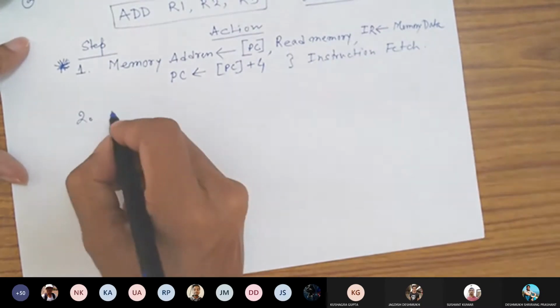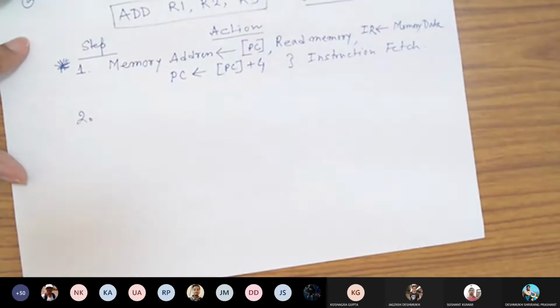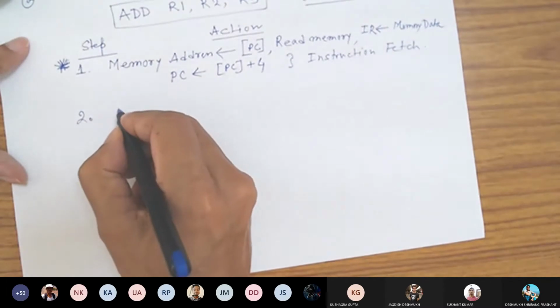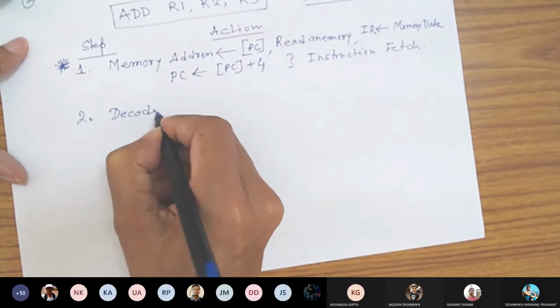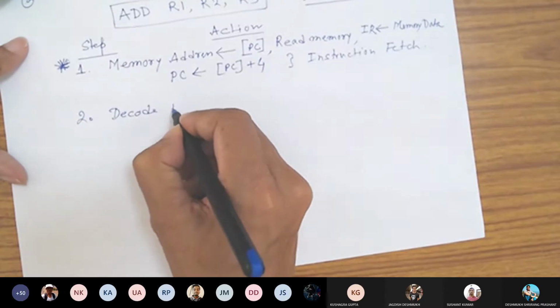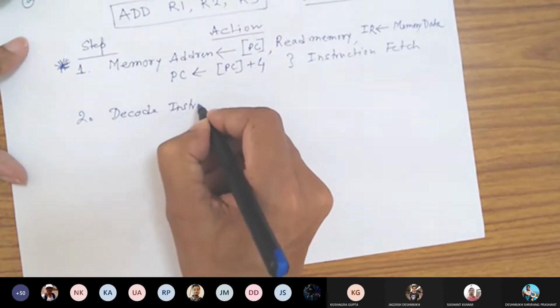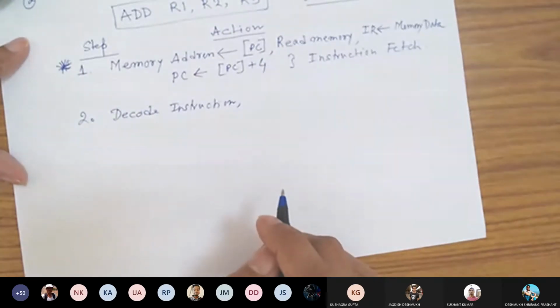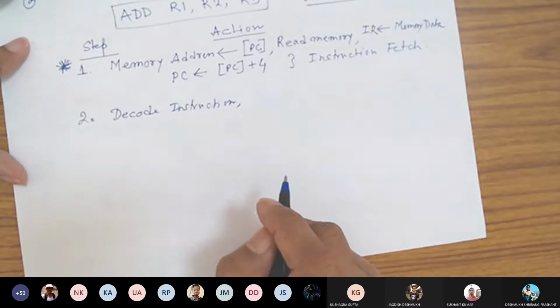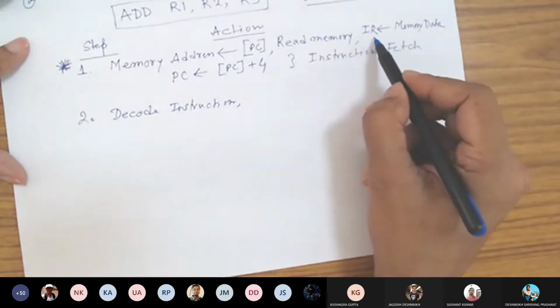Now, the next stage, which is the decode stage. What will it do? It will basically decode the instruction. So where is the instruction? It is in the instruction register, IR.